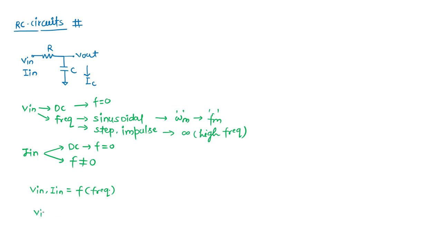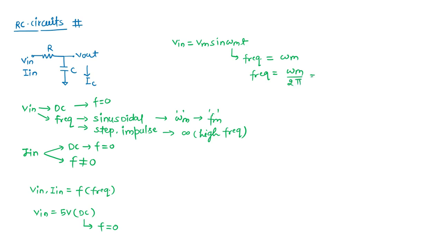If my input voltage is, say, 5 volt DC, its frequency is 0. And if my input is Vm sine omega m t, the frequency is omega m, or in the f domain, f of m.